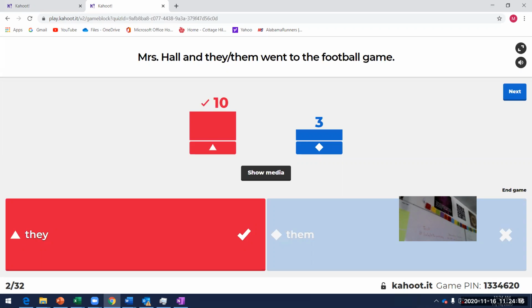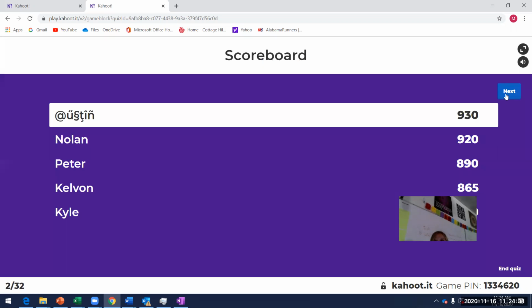In this circumstance, it's nominative because they is a part of the subject. The trick is you can take out Mrs. Hall and would you say them went to the football game or they went to the football game? They. So that is why it is nominative and they is correct. Got it? All right, let's see what the next one is.